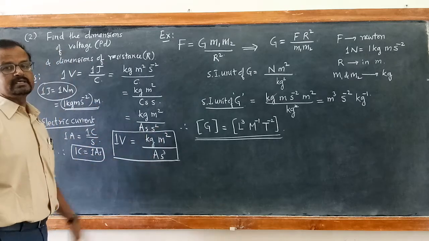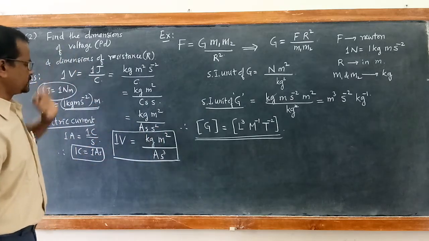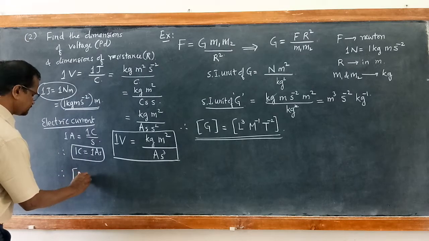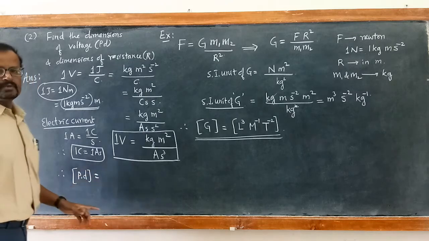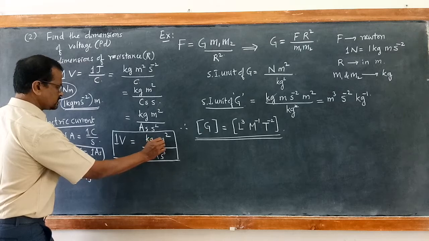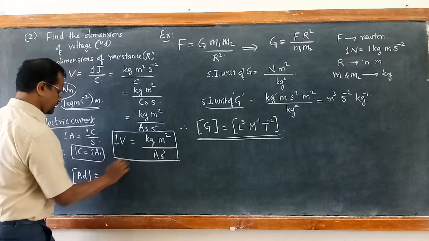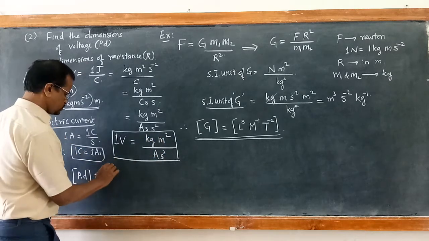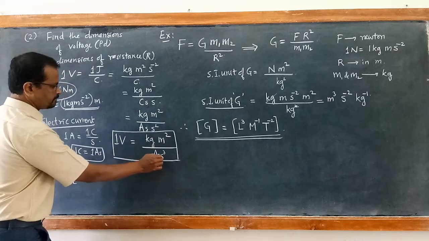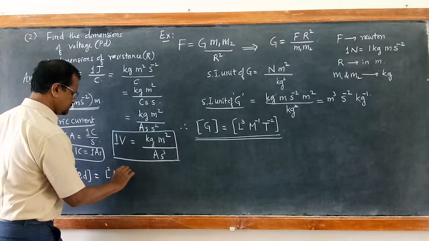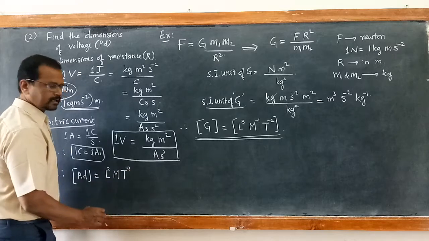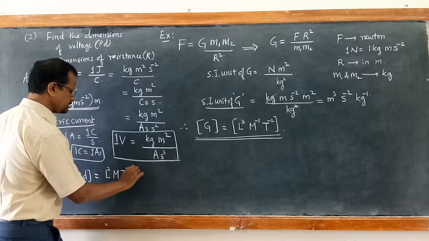Now I can write what is the dimension of voltage. Therefore, dimension of potential difference I can write now. You see, meter square, dimension of length square, kg, dimension of mass, and you see time, it is in the denominator. t to the power minus 3, and current is ampere raised to minus 1.